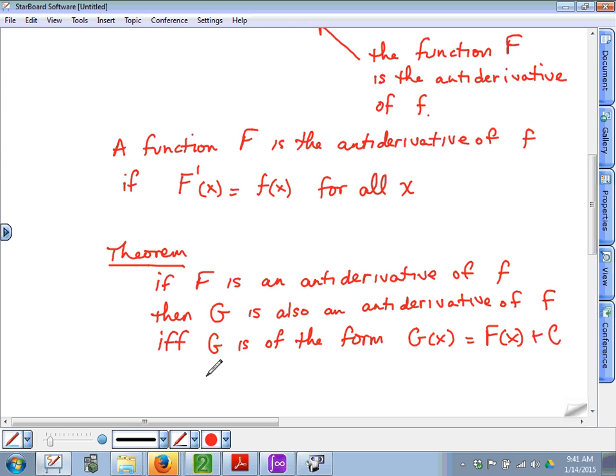You took x cubed and added some constant C. So as long as capital F is adding or subtracting some constant, anything you can come up with is also an antiderivative.